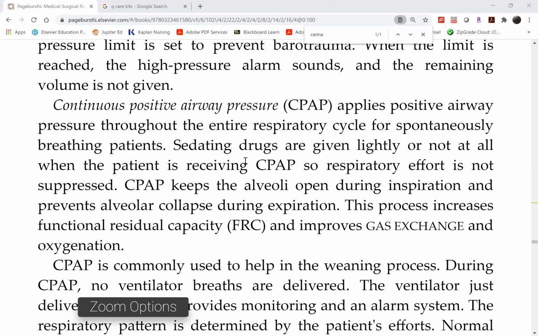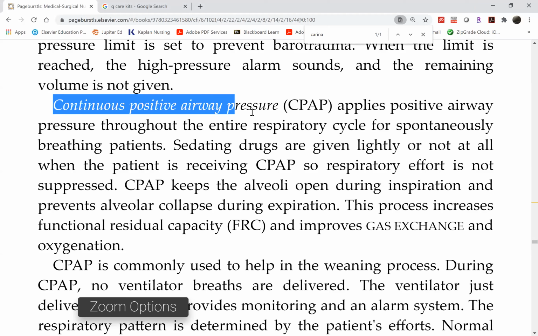Of course, a CPAP doesn't provide a breath, does it? No, it only provides positive airway pressure. So if you turn on the CPAP, that means the vent function is off. The vent stops giving a breath. It will only give positive airway pressure, only pressure.